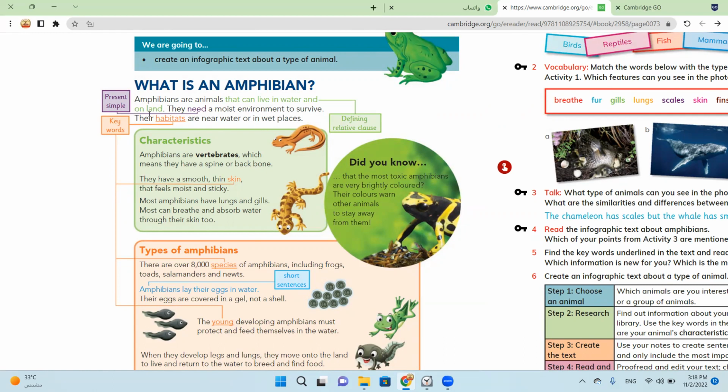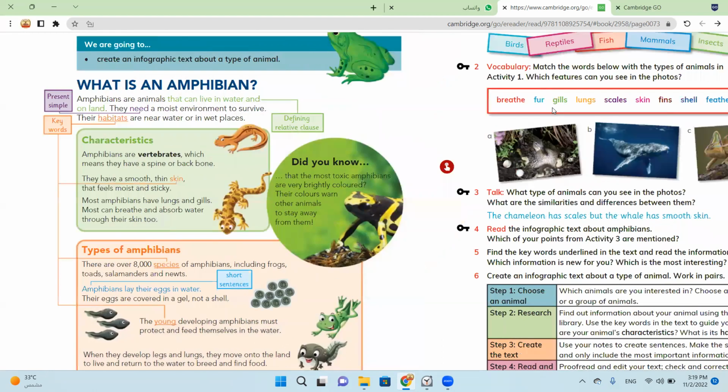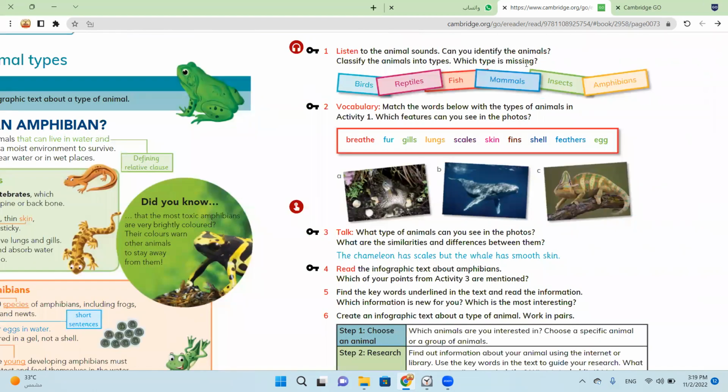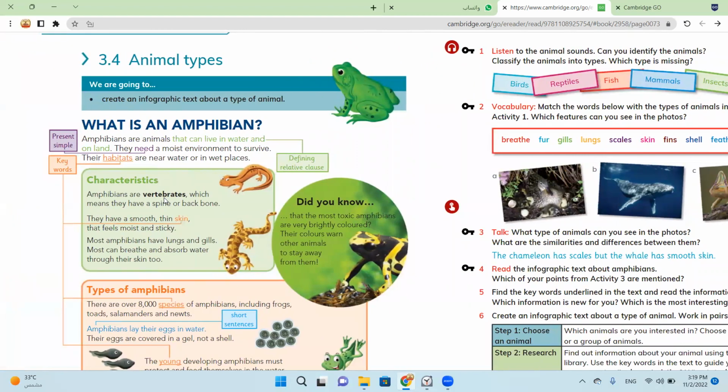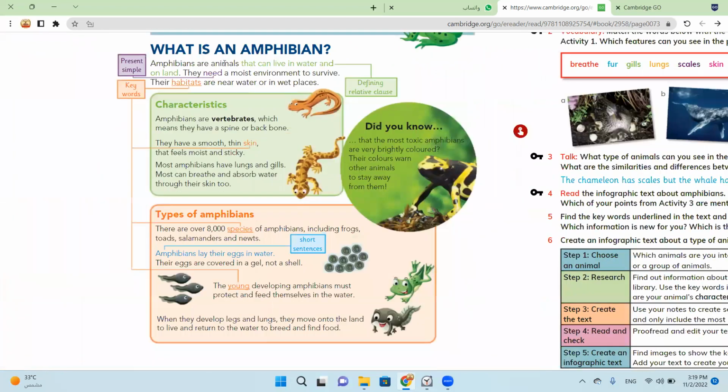All right, look, the text is made with the present simple, and there are some keywords and a defining relative clause. So if you are thinking of making a definition about other types of animals like mammals, reptiles, birds, whatever you like, you can use the same form to talk about the animal you would like to talk about.